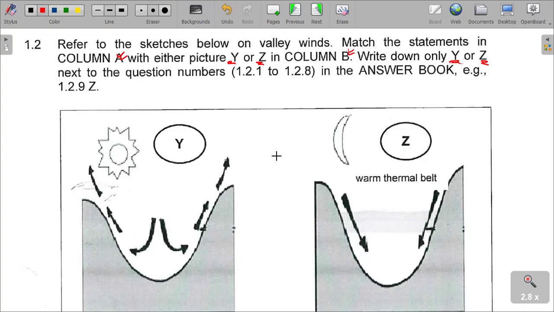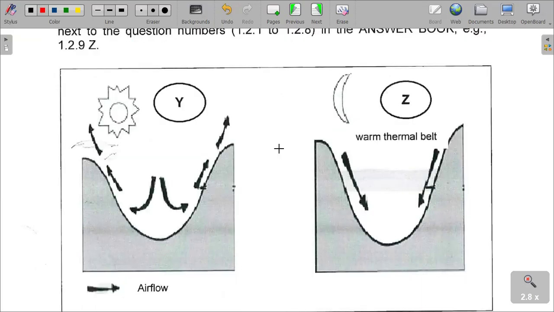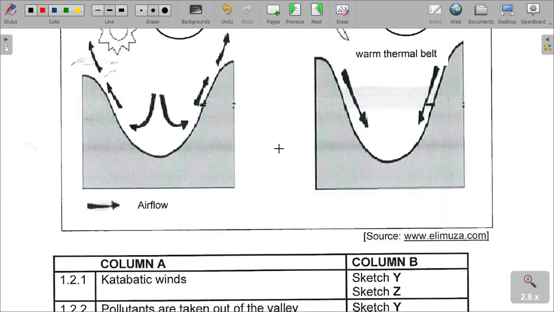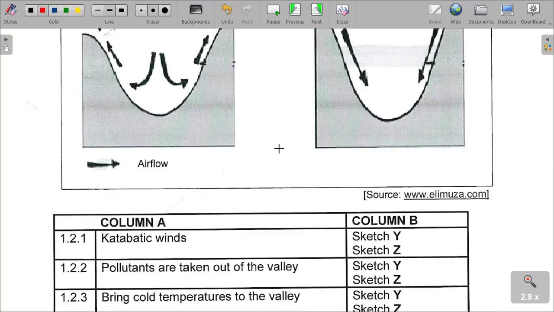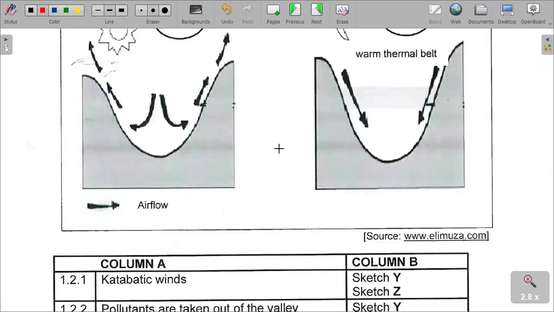So we have our sketches shown here. The arrow represents airflow. We have downslope winds, and then we have upslope winds. So now the question is saying match those winds with either Y or Z.